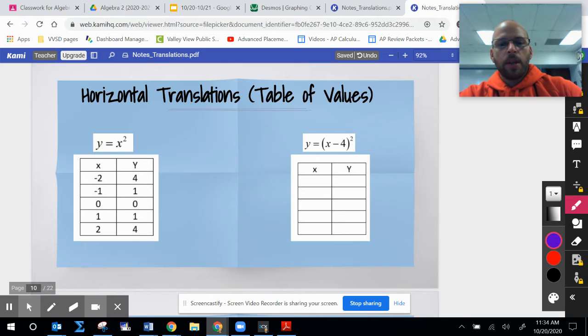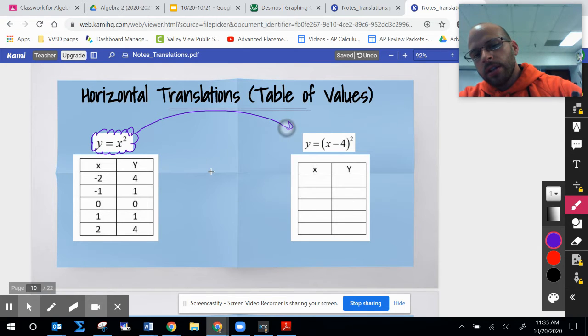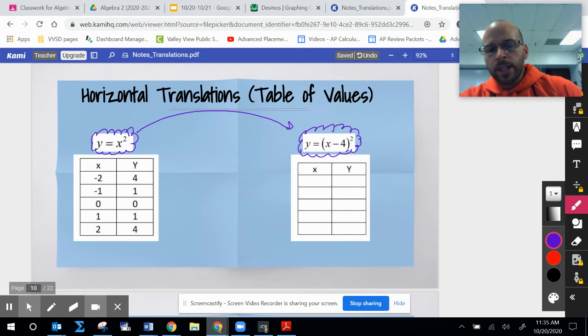Okay. So first thing that we need to do, if I go from the basic, the original quadratic, to this second function over here, is identify what is the transformation that's taking place, right? So if I go from x squared to (x minus 4) squared, I know I am going to shift my graph right 4 units.